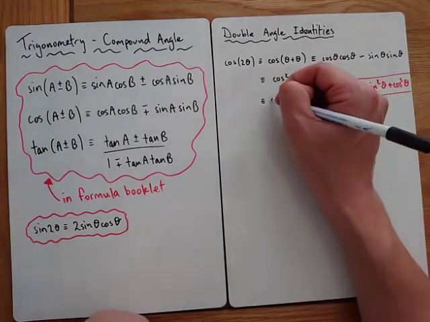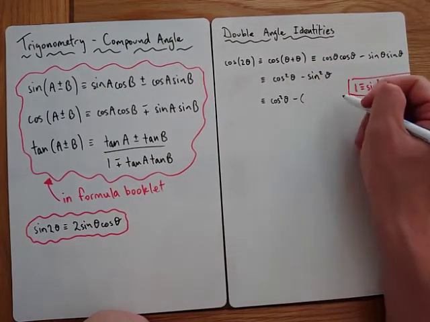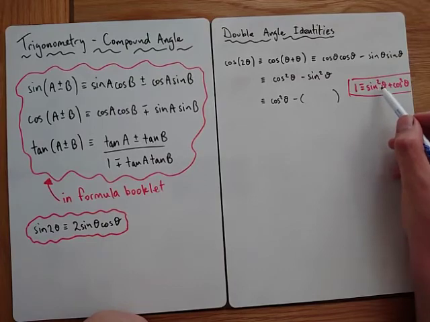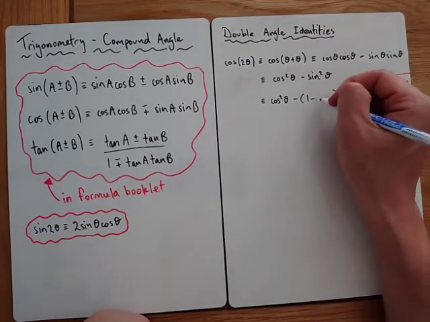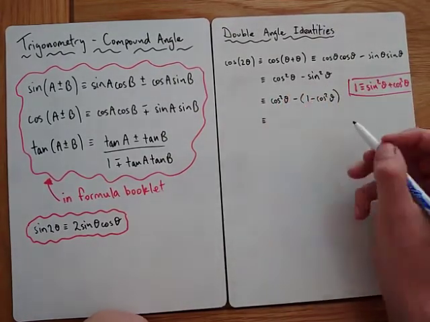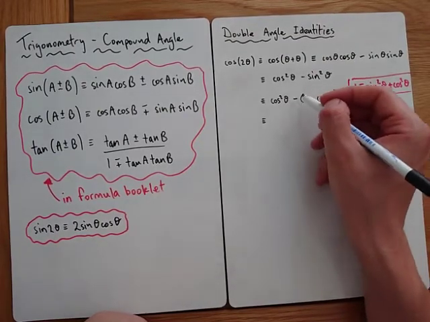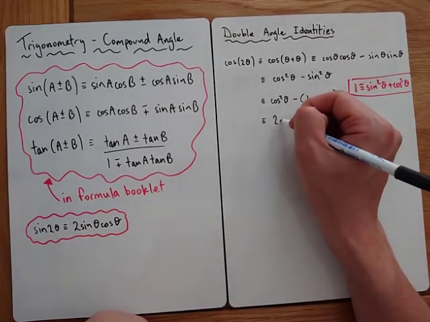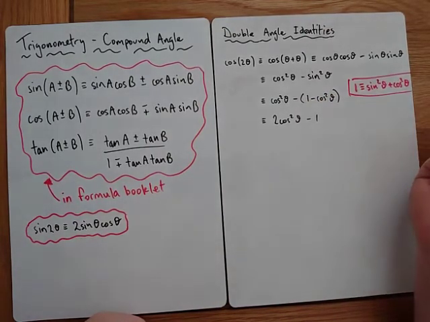So we could write it as cos squared minus sine squared. Now sine squared would be 1 minus cos squared. So we could get a more useful version of this identity. Minus minus becomes plus, so cos squared plus cos squared would be 2 cos squared theta minus 1.